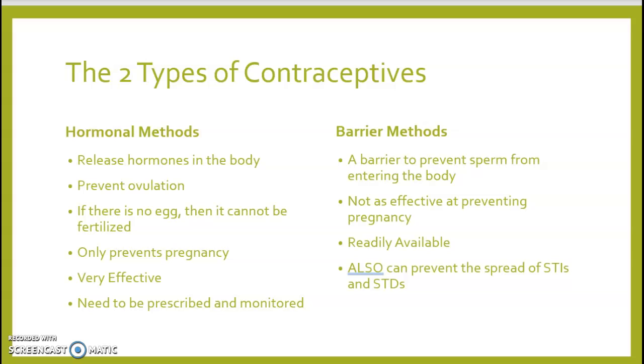If you look at hormonal methods, they release hormones in the body. Those hormones, usually estrogen or progesterone or both, prevent ovulation. So the egg is not leaving the ovary and going into the fallopian tube. That is not happening, so there's no egg to be fertilized. It only prevents pregnancy. One of the pros is that most of them have a high rate of preventing pregnancy.